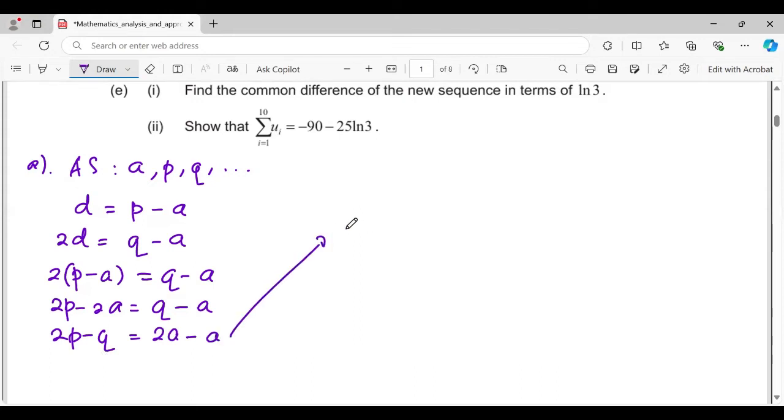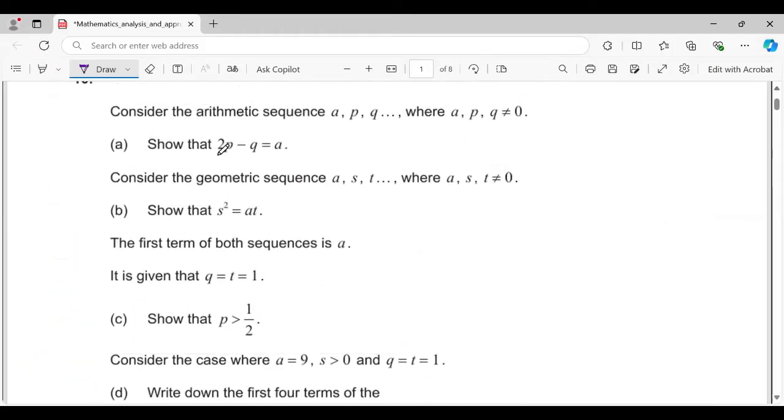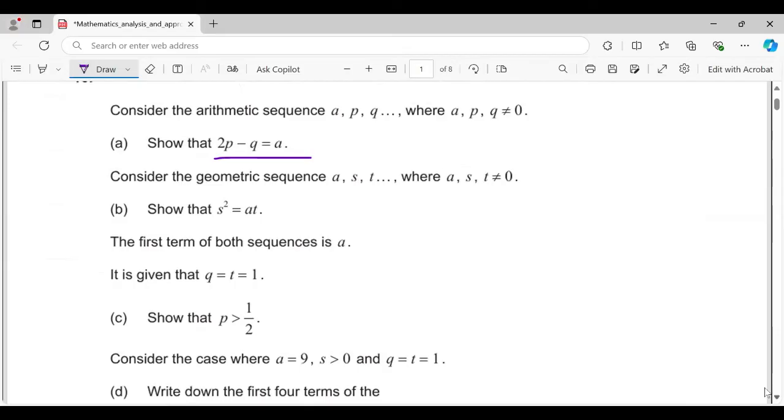So 2P minus Q equals 2A minus A, which is A. So A equals 2P minus Q. Correct.